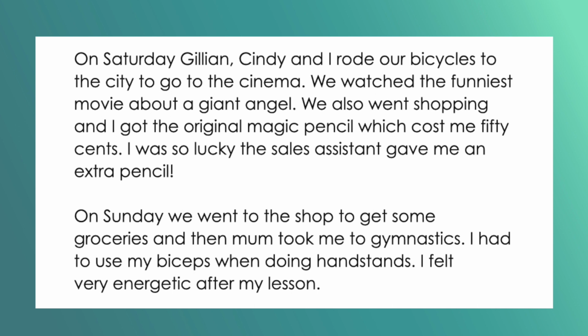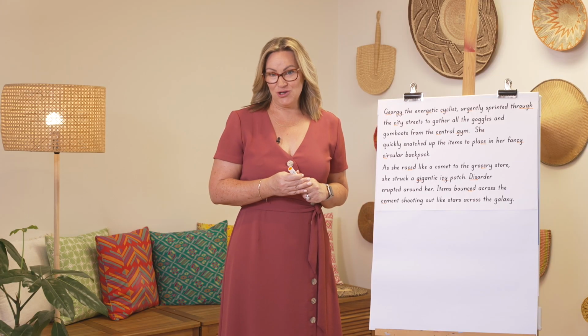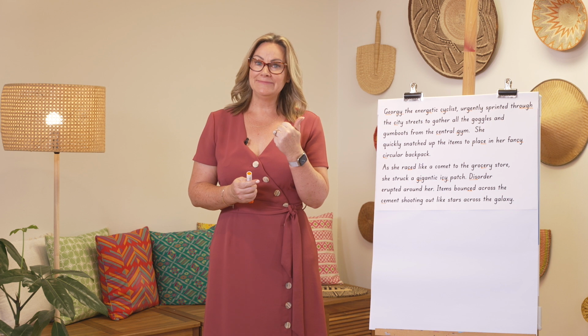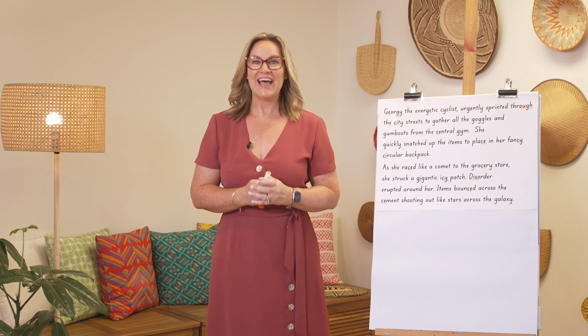You are going to identify the hard and soft G and C phoneme grapheme patterns in the writing. You can underline any words that have a prefix or a suffix that you know, and then you are going to read it not once, not twice, 3 times with expression and fluency.